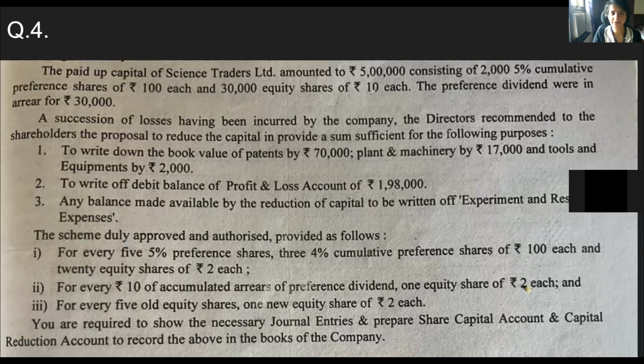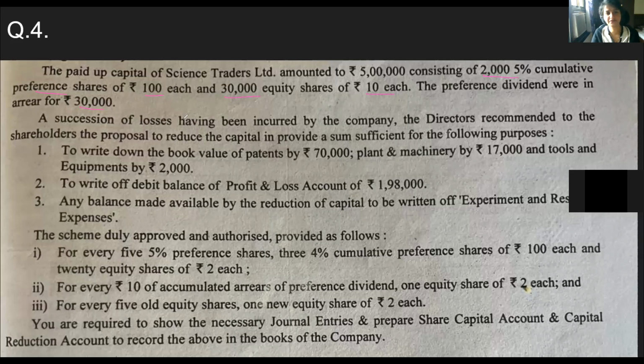So three pieces of information are given: 2,000 preference shares of rupees 100 each, 30,000 equity shares of rupees 10 each, and a preference dividend in arrears of rupees 30,000. These three are the liabilities existing in the company as of now.